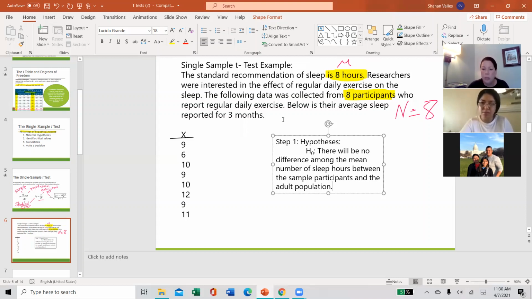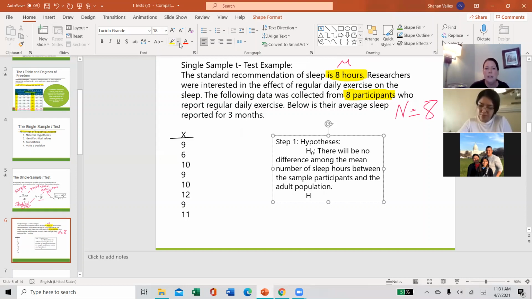Okay, you could get even more wordy than me and clarify with the sample participants, because we know what's separating them from the population is their regular daily exercise. Okay, so you could get even more detailed than that. This part, some people really like it.